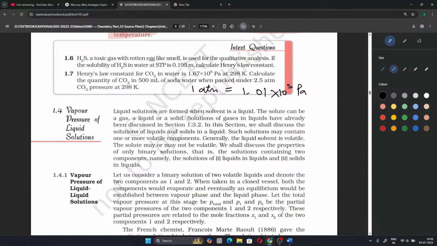Yes, no, it is 1670 atmosphere actually. It's 1670 atmosphere at 298 Kelvin. The quantity of CO2 in 500 ml of soda water packed under 2.5 atm of pressure at 298 Kelvin.